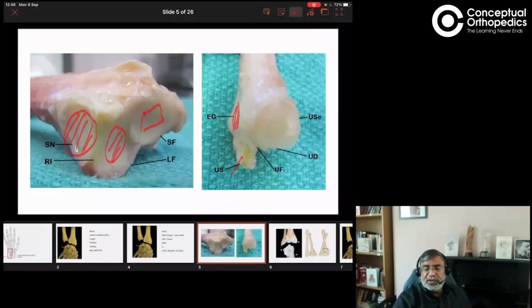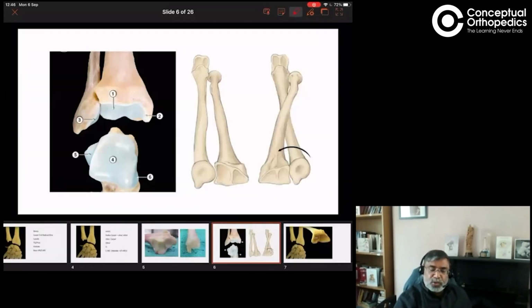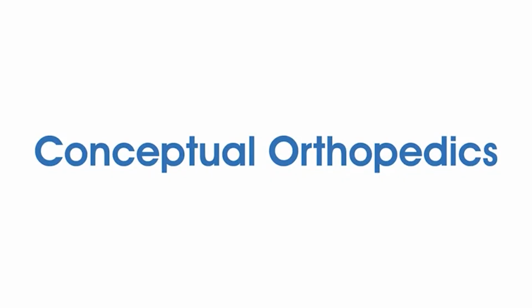One we call the dome or pole of the ulna, but more important is this side where it articulates with the sigmoid notch, and we call that the seat of the ulna. So this side is the seat of the ulna, and this side is the dome or pole of the ulna, so that you understand where the problem could be.